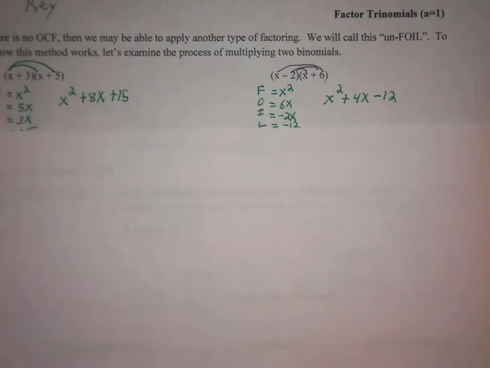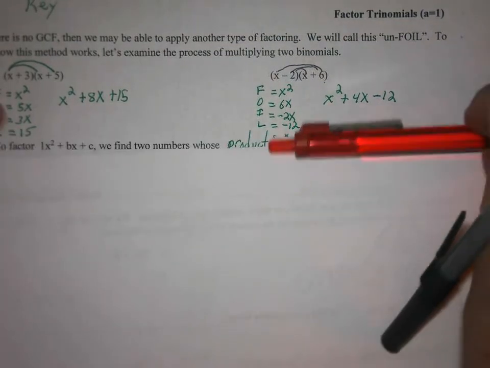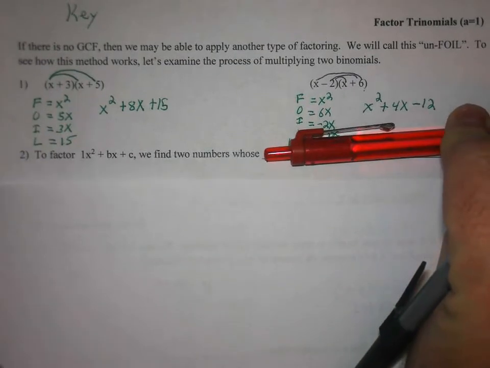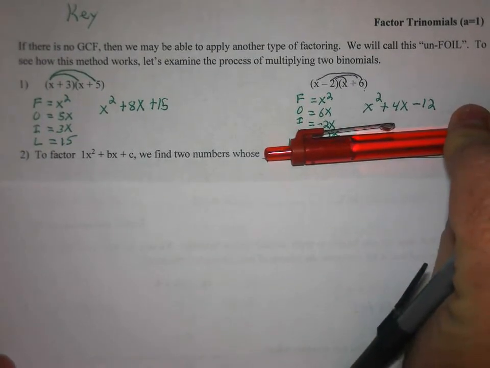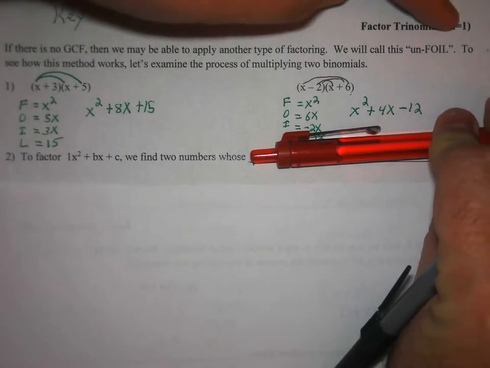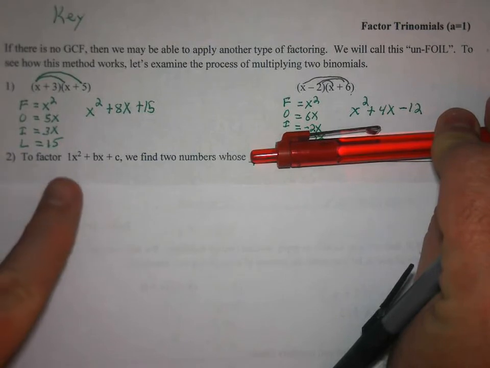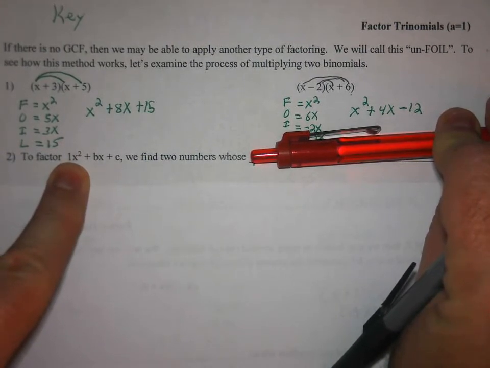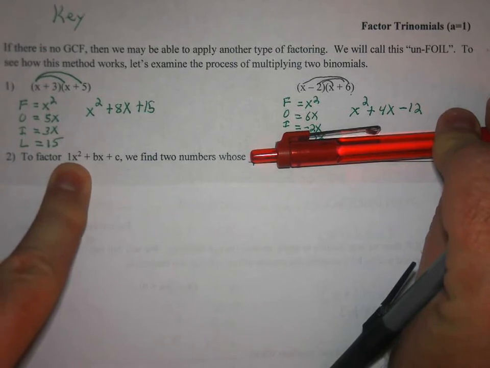So the question is, how do we factor 1x squared plus bx plus c? And up here in the top, when I say a equals 1, this is what we're talking about. The coefficient in front of x squared is a 1. This method will work.